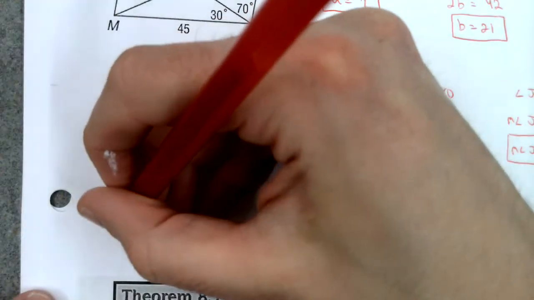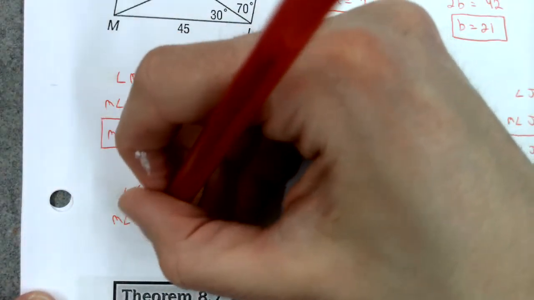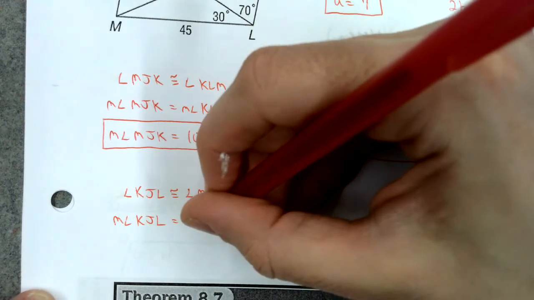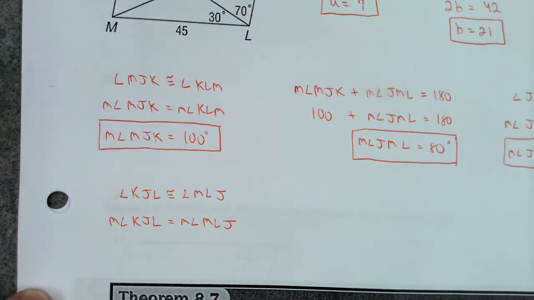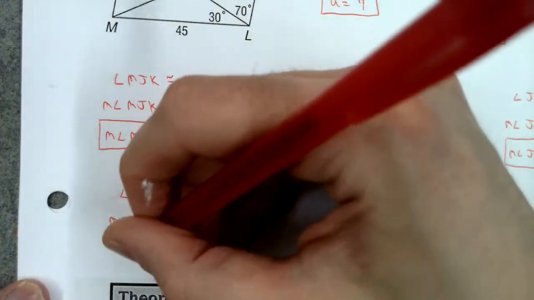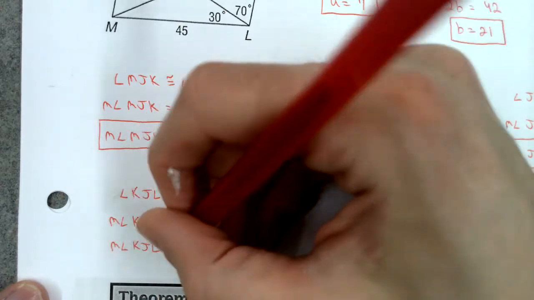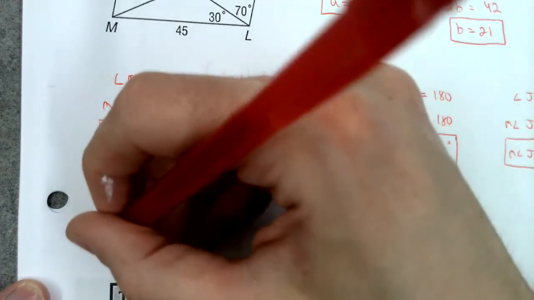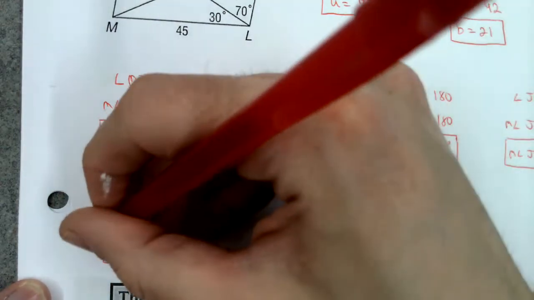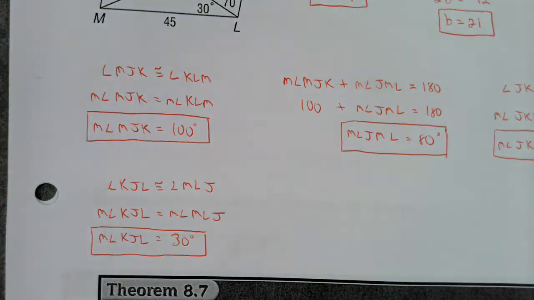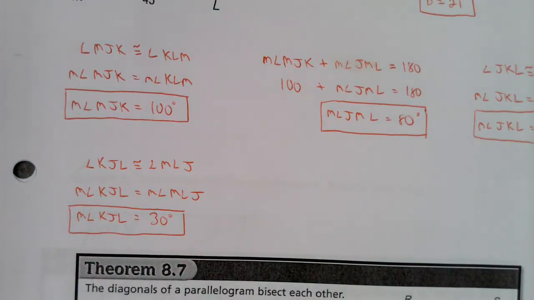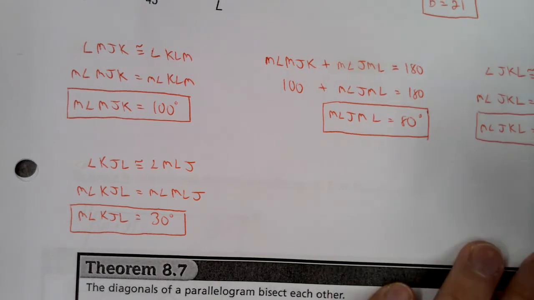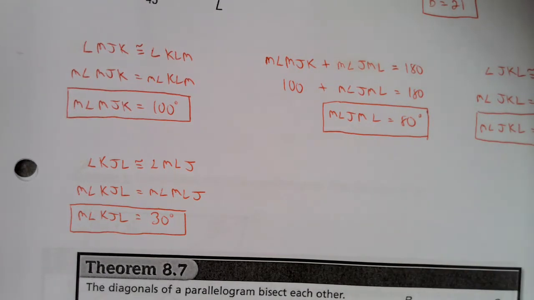So that means that the measures are equal. So it equals 30 degrees. That was a long problem. It wasn't really hard per se, but it was just long.